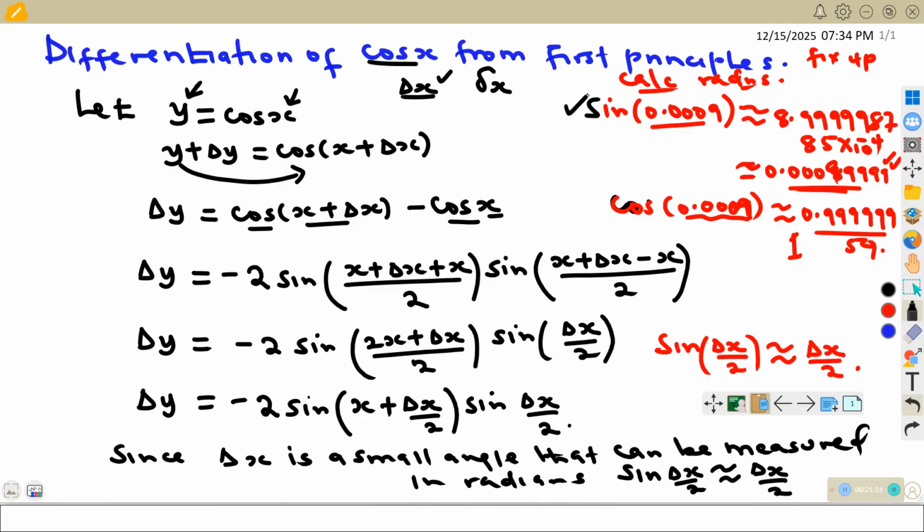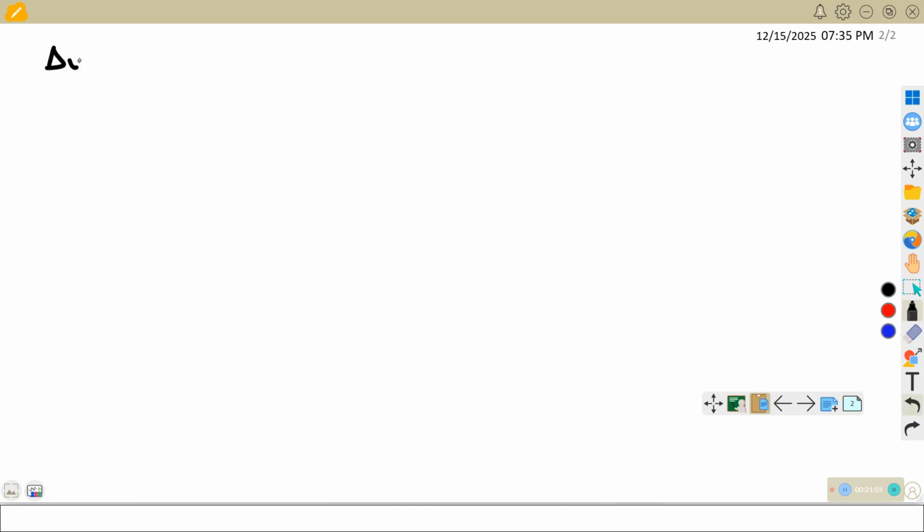As we have seen here, sine of a very small angle is approximately equal to that same angle. Cos of a small angle is approximately equal to 1. So whenever we have sine of a small angle, we shall be replacing it with that same angle. So from this given step here, we shall now have this step that says delta y is equal to negative 2 sine of x plus delta x divided by 2, then times delta x divided by 2.